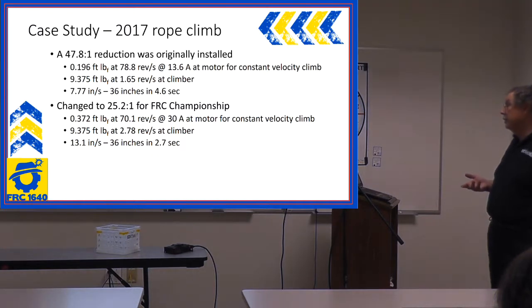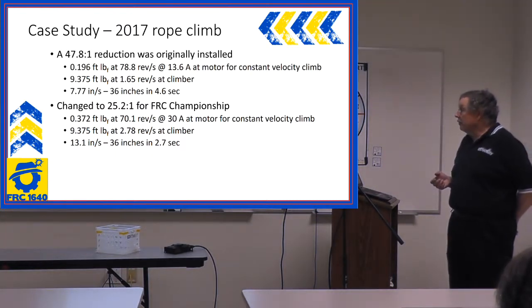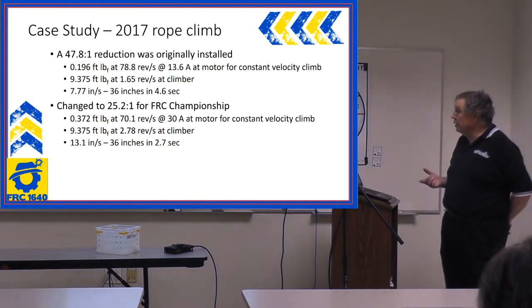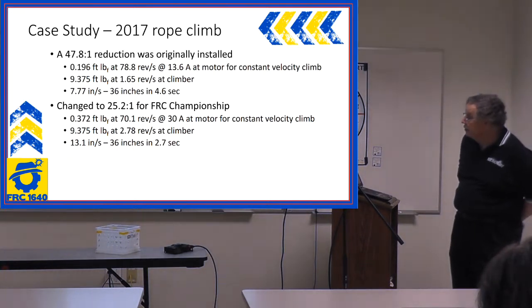That provided us, after the gearing, with 9.4 foot-pounds of torque available with a 1.65 rev per second climb at the climber. And that meant that we were climbing potentially at 7.8 inches per second. I could do the 36 inches in about 4.6 seconds.